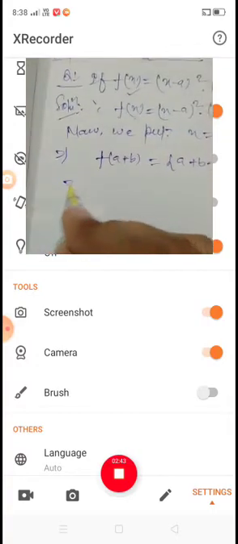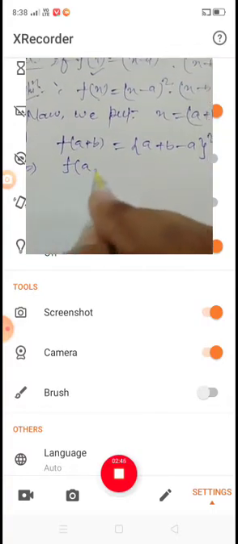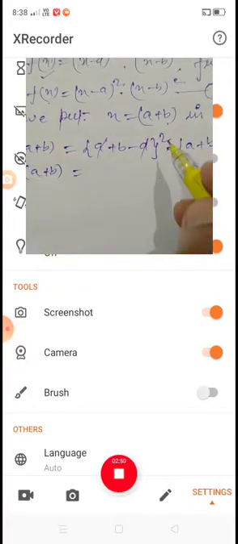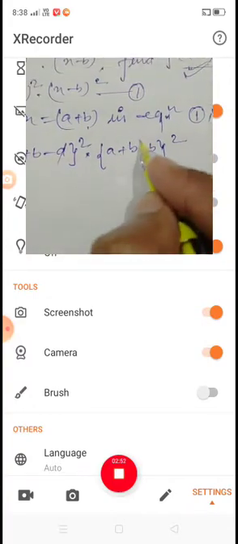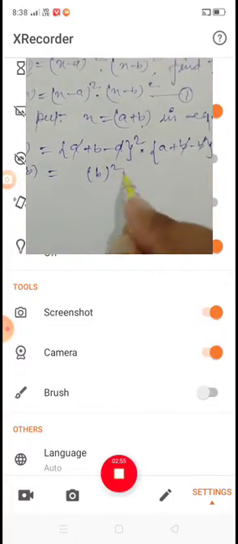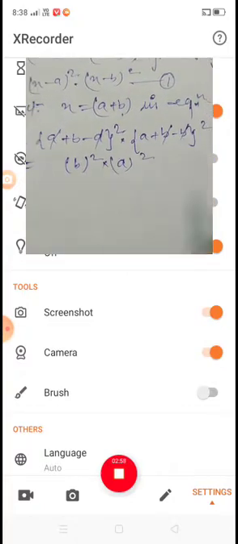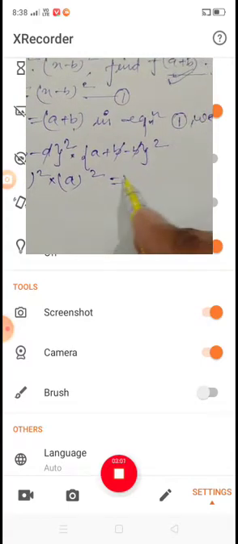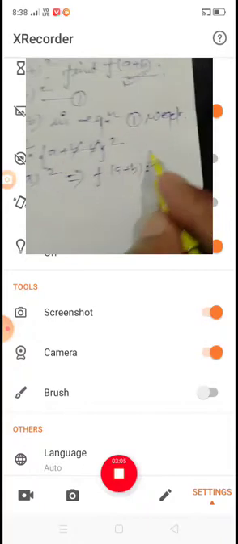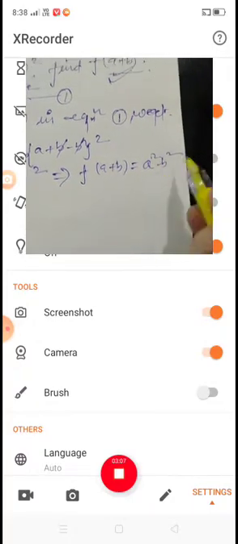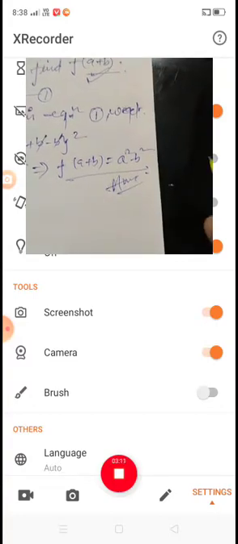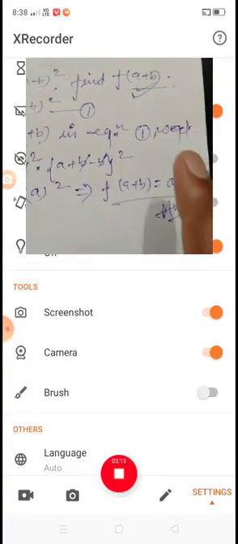Here a and minus a cancel each other, and here b and minus b cancel each other, so we get b square into a square. Finally we have a square into b square. This is your answer. So this is a very easy question.